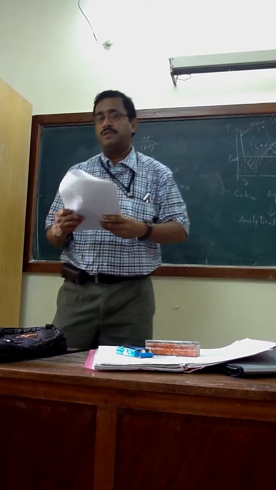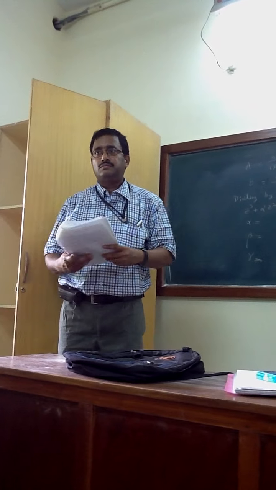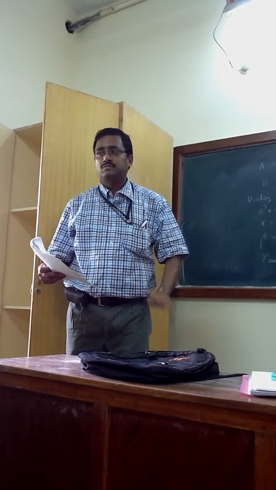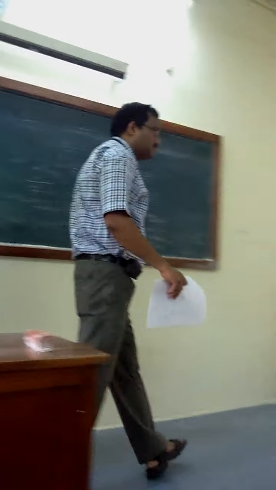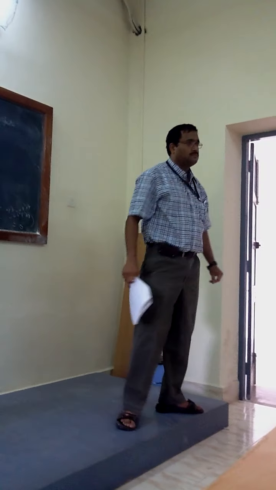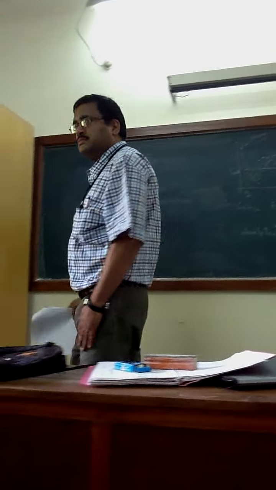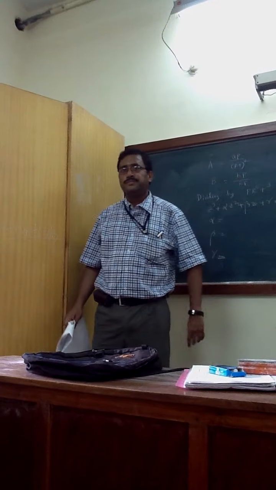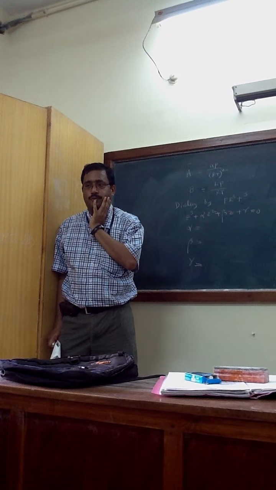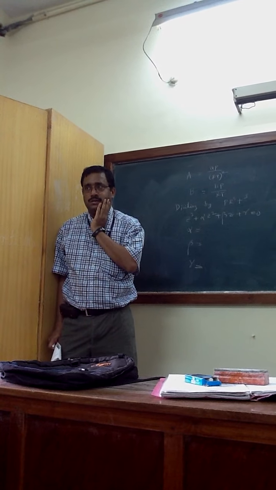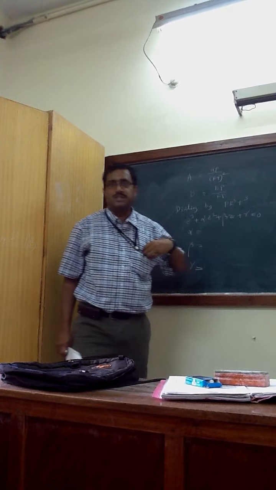What are alpha, beta, gamma? Any ideas? First divide by P R cube T cube, you will get the Z cube form, and then after that you have to introduce capital A equals AP by RT whole square and capital B equals BP by RT.